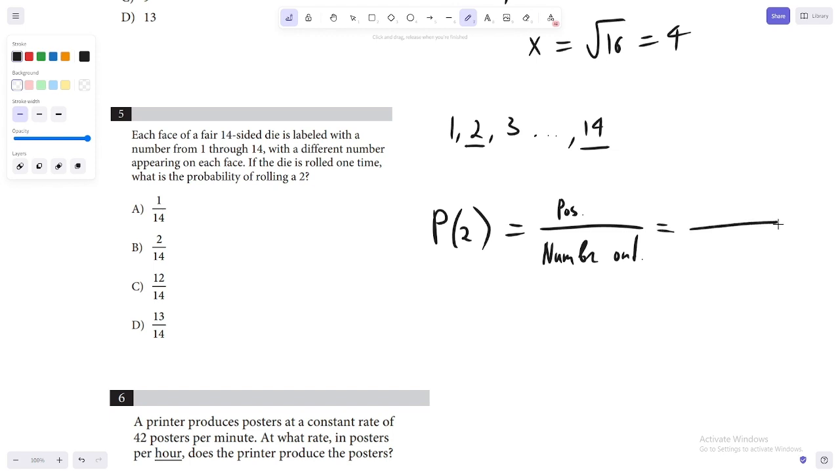As I said, it's a fair die and there is only one 2. So the possibility of rolling a 2 is equal to 1. And the number of outcomes possible is 14, because the die has 14 sides. And there we have it. The correct answer is option A.